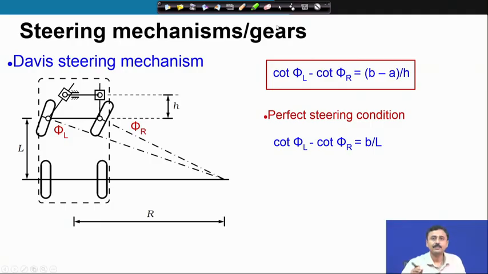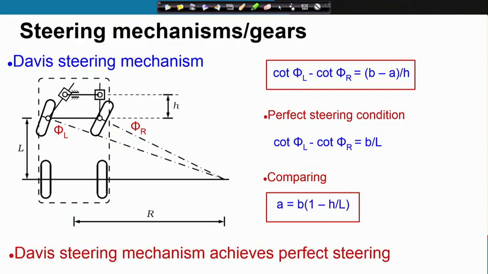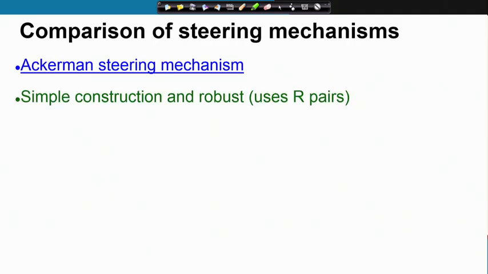You always have a center of rotation through which the wheel center line, the axis of the wheel, will pass. So, this is our perfect steering condition for the Davy steering mechanism. Let us now compare these two steering mechanisms. In the Ackermann steering mechanism, the advantage is it has a simple construction and it is very robust.